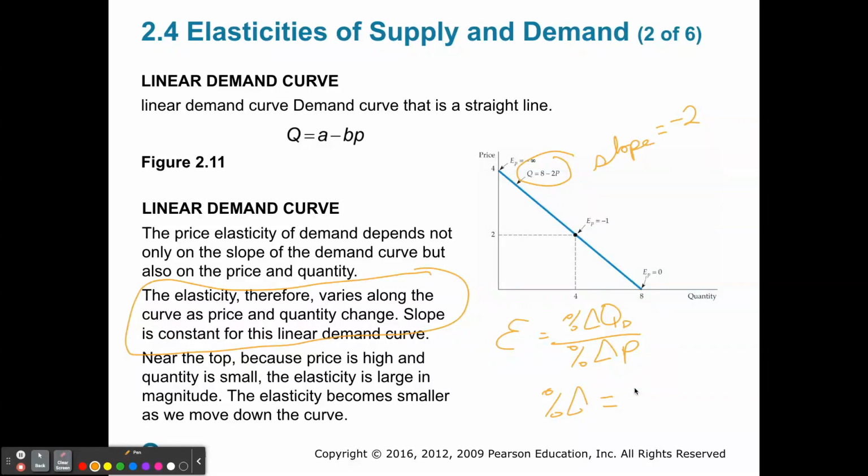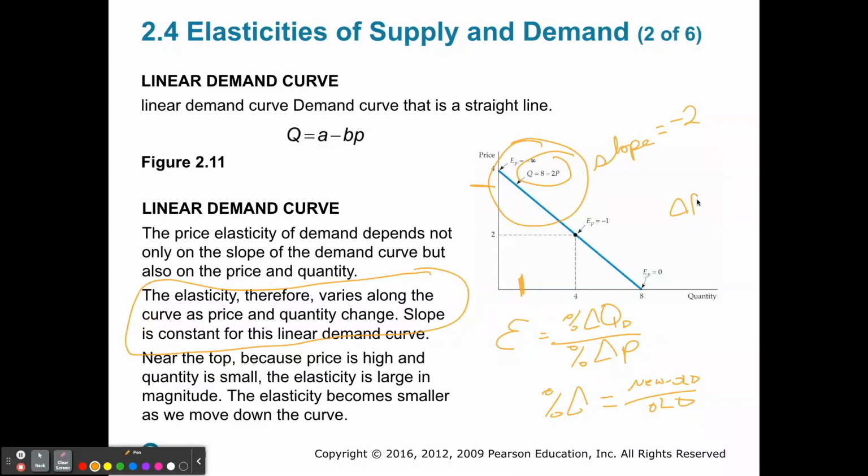I kind of like doing it the new minus old over old kind of calculation. If you had two numbers, what you see in this upper region is that the prices are very high and the quantities are very low.